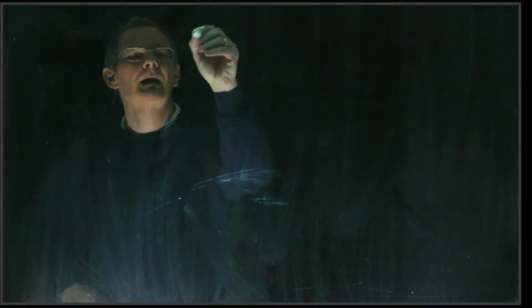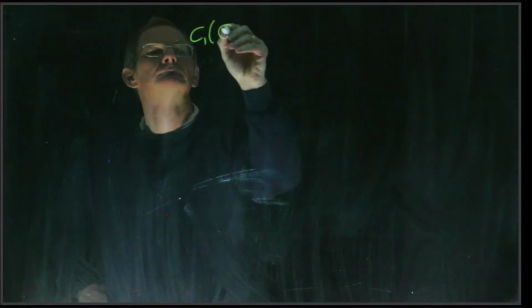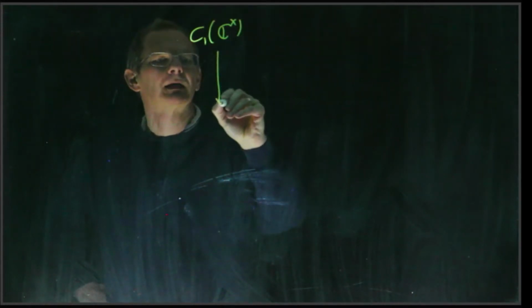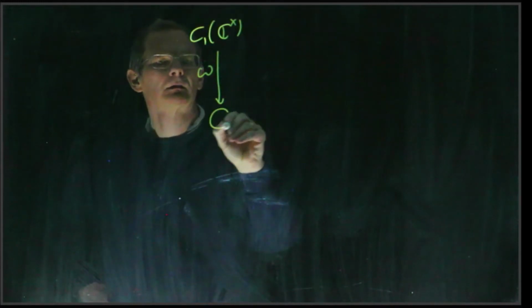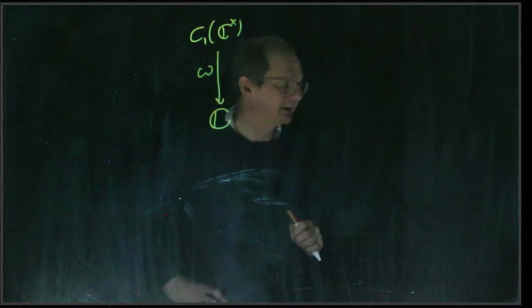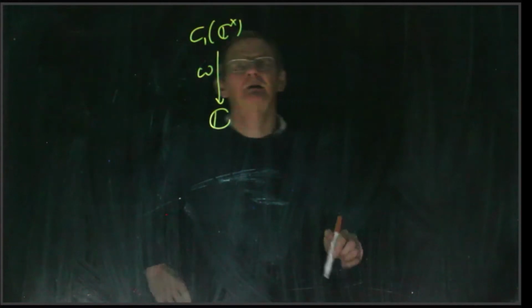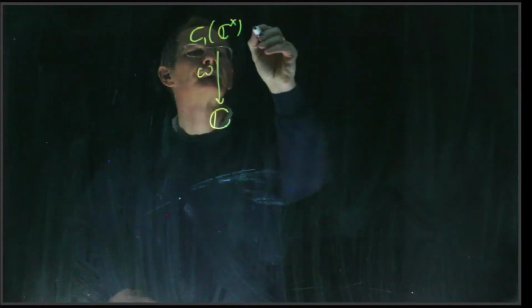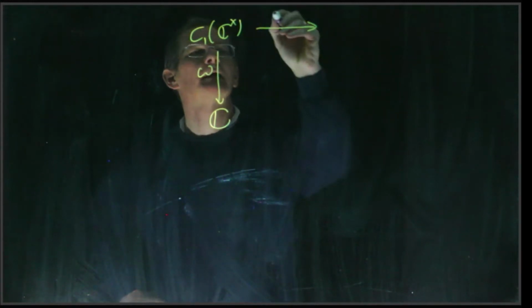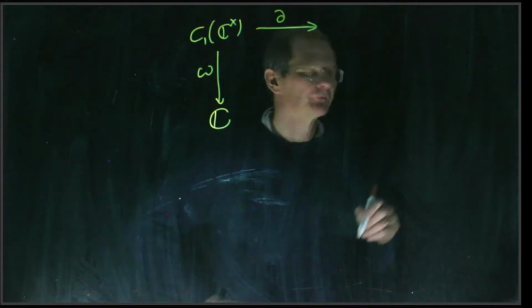So we just had this map omega here, and we need to combine this with some other maps. Okay. On one hand, we've got this differential.